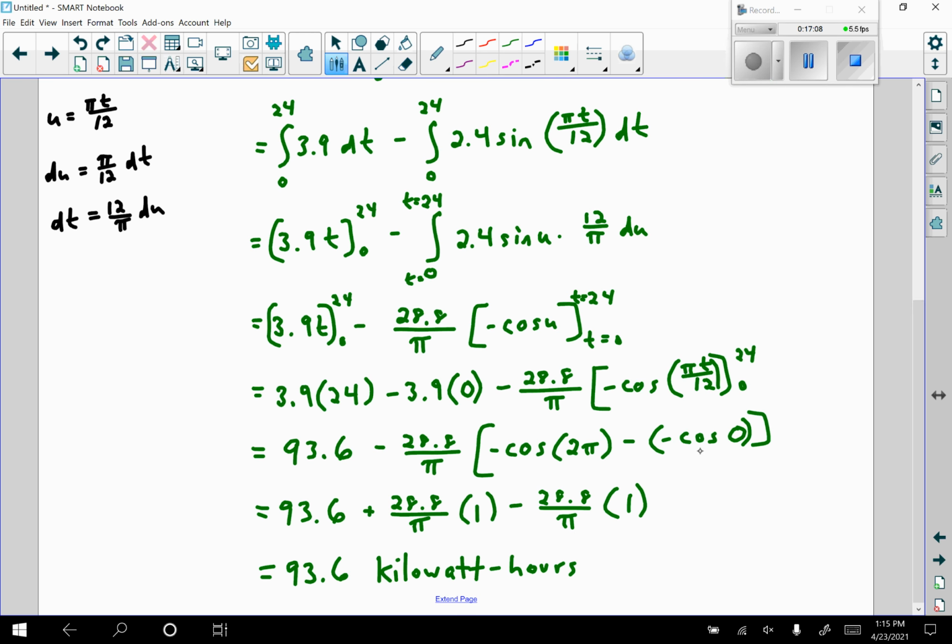And what's nice with the cosine functions here, they actually cancel out, and we're just left with 93.6 kilowatt hours for the total daily consumption.